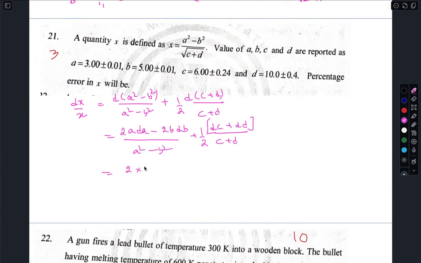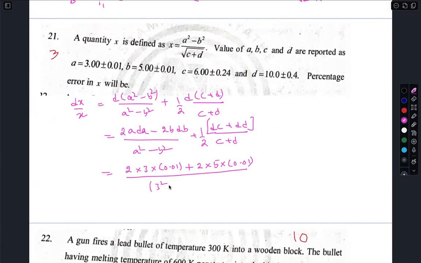So 2 into, that is, 3 into 0.01 minus 2 into 5 into 0.01. Here what we have to do is determine the maximum error, the maximum percentage error. dB is 0.01, and a square minus b square, modulus only we will take.